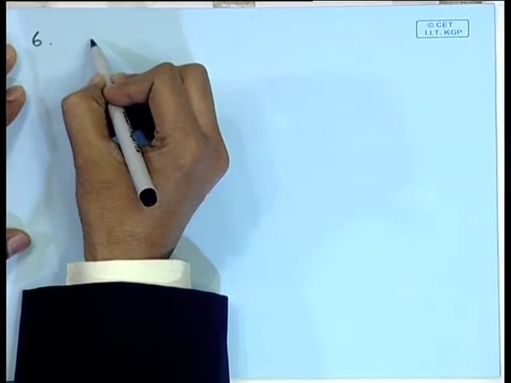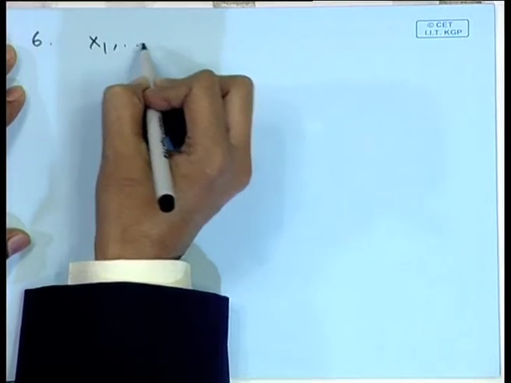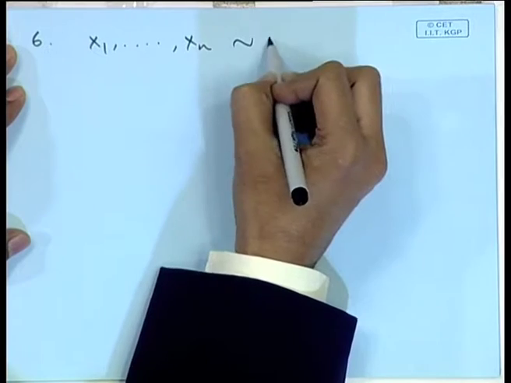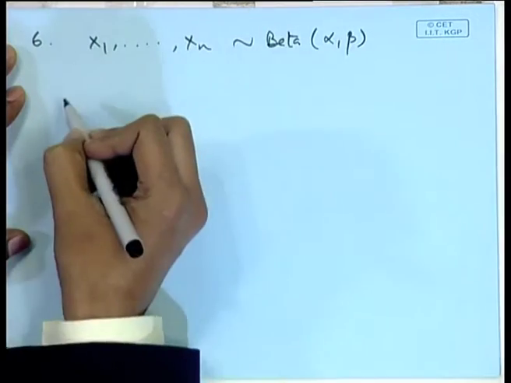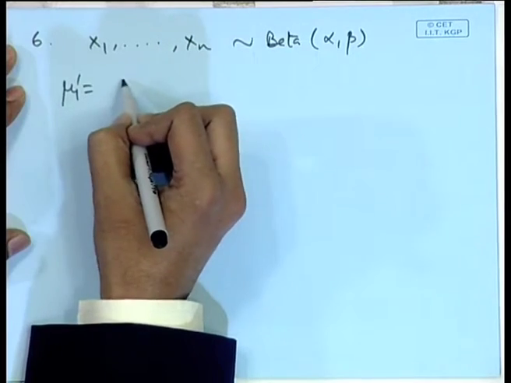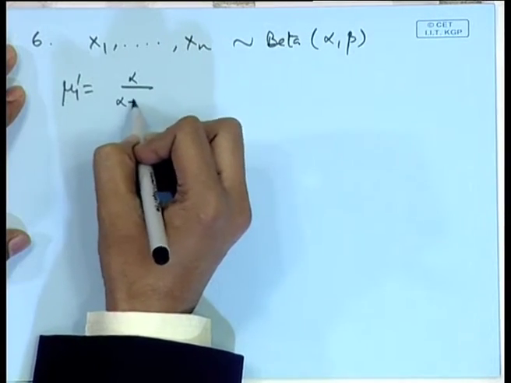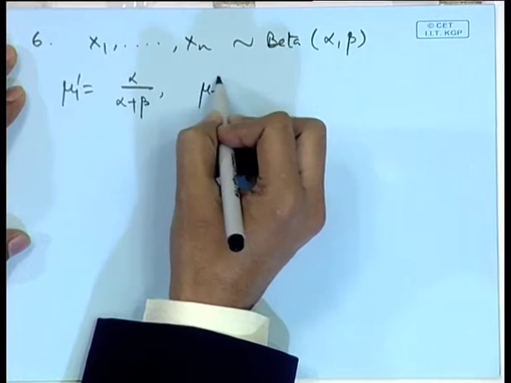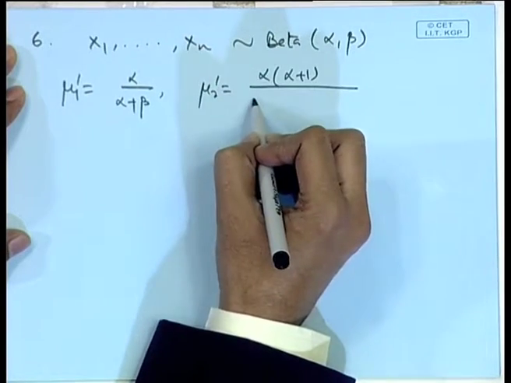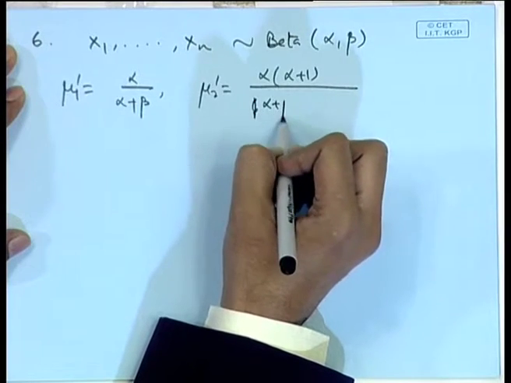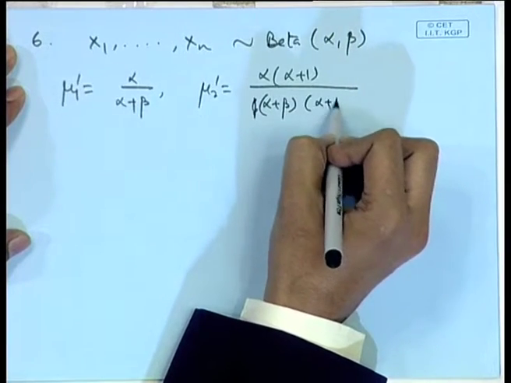Let us take, say, the beta distribution. X1, X2, ..., Xn follow a beta distribution with parameters, say, alpha and beta. Here mu 1 prime is equal to alpha by (alpha plus beta), and mu 2 prime is equal to alpha into (alpha plus 1) divided by (alpha plus beta) into (alpha plus beta plus 1).